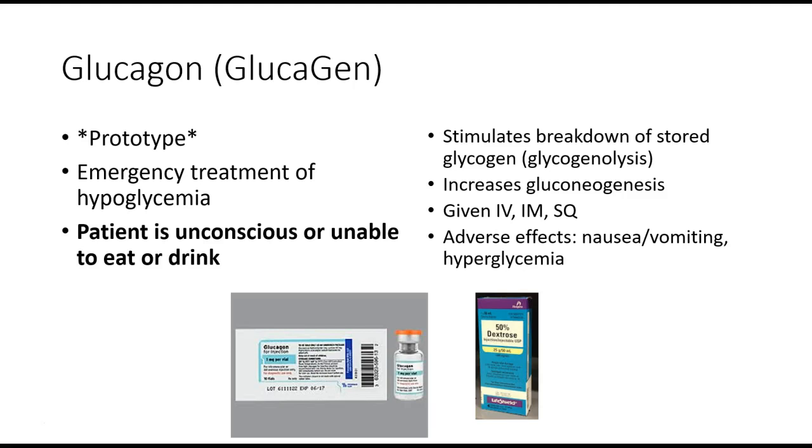So by treating the hypoglycemia, you can cause hyperglycemia, and then you're having to treat that once you've given this drug. The other name that you might hear being used in place of glucagon is dextrose 50%, and this is just another form of glucagon that is given IV in emergency situations to treat hypoglycemia.